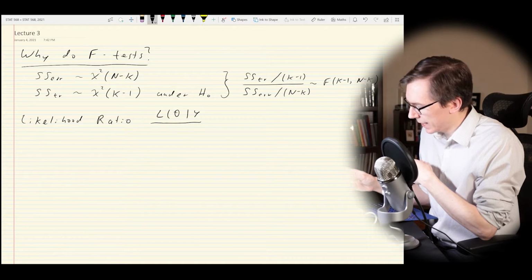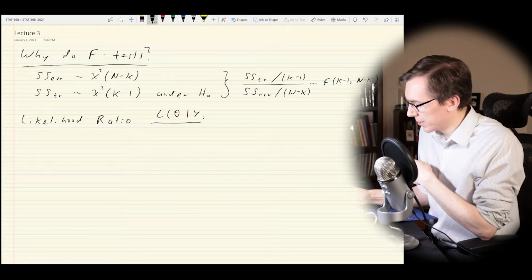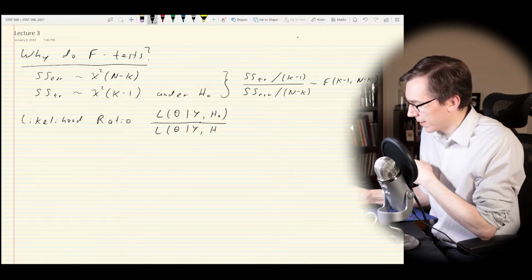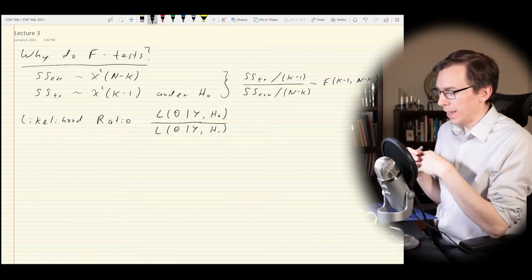Given, so this is the function of the parameters given the data Y under the null hypothesis. And then on the bottom of the ratio, we have our likelihood under the alternative.